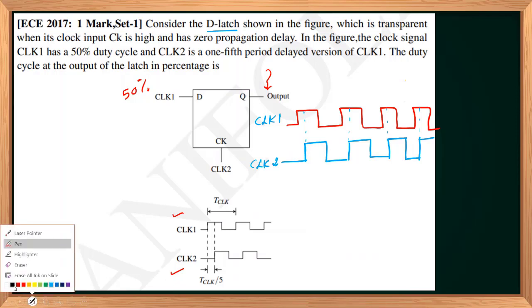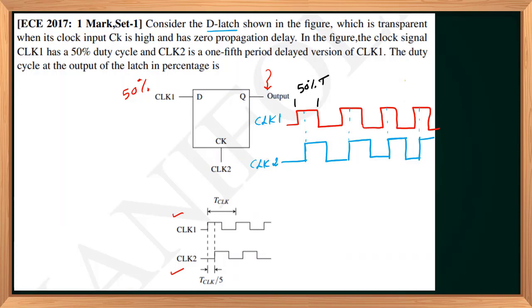And you can note that this is 50% of the total period T on time. The property of a D latch is that when clock is high, the output will be equal to the D input, that is clock 1 itself. So effectively the output will be at logic 1 if both clock 2 and clock 1 are at logic 1 simultaneously.